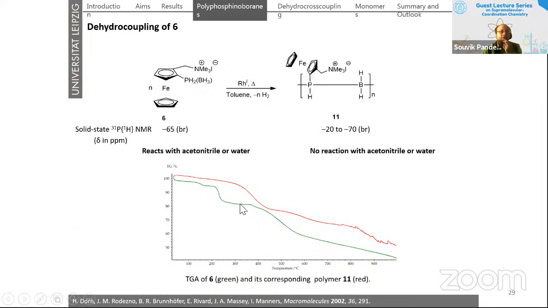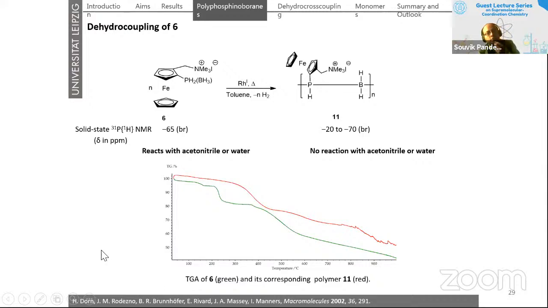One interesting factor I would like to show you here: even after 800 to 900 degree temperature, the monomer is almost 50% remaining, and the polymer is almost 60%. So 60-70% is remaining, like 30% is already lost, and the rest is the remaining product.